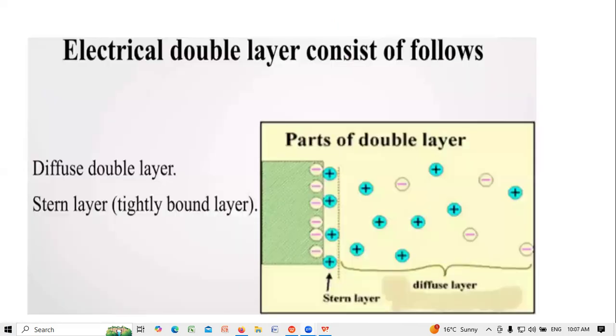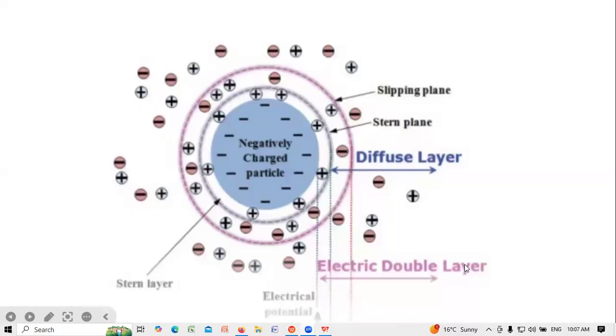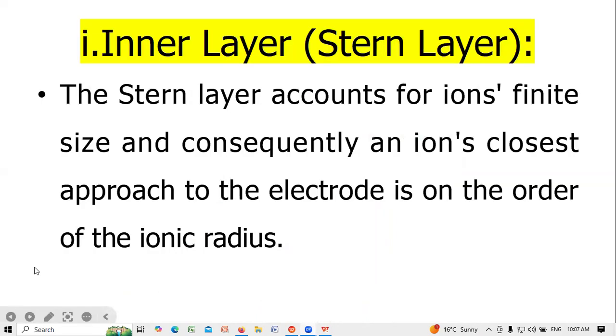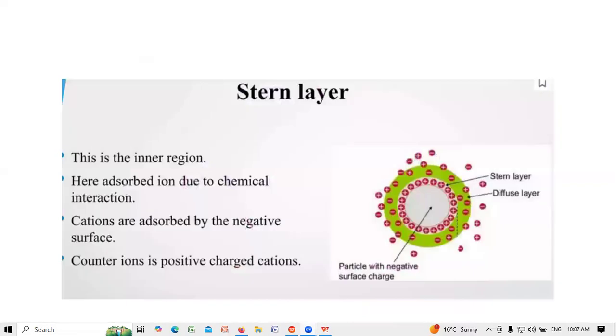The electrical double layer consists of a Stern layer and a diffuse layer. The Stern layer is the inner layer. It accounts for the finite size of ions, and consequently an ion's closest approach to the electrode is on the order of the ionic radius.